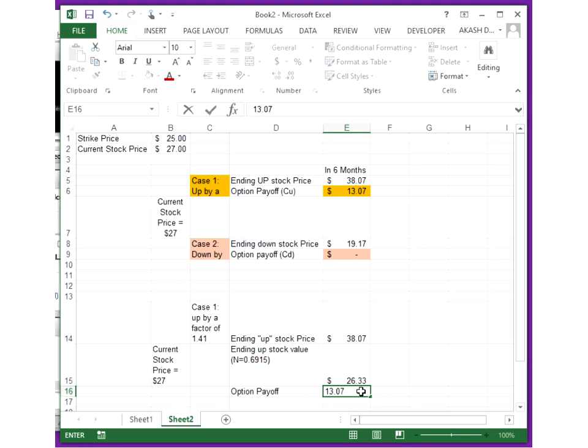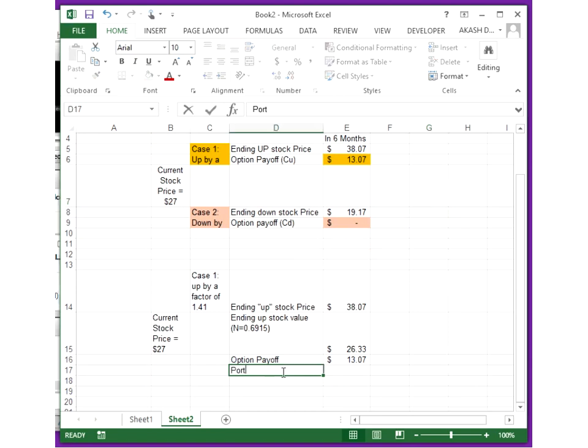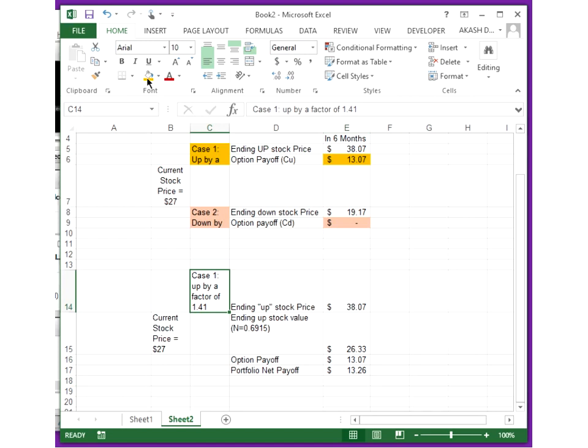That was 13.07. So the portfolio net payoff is going to be the ending up stock value minus the option payoff, which is 13.26. Okay, so this is case 1.